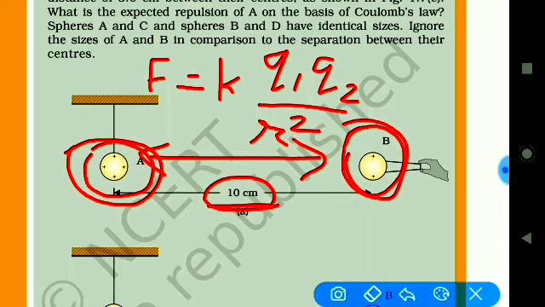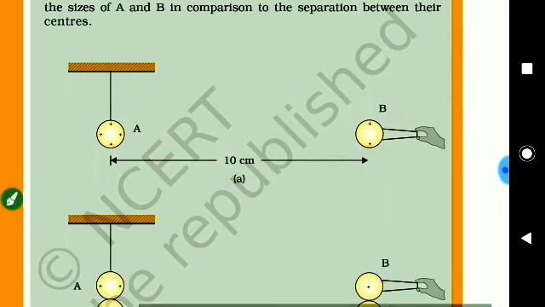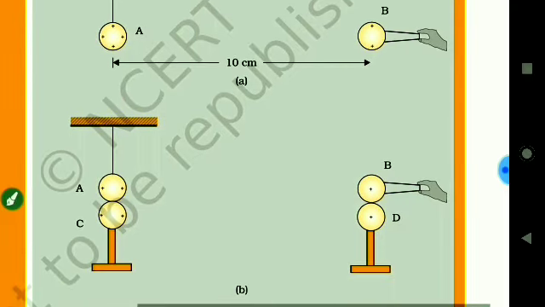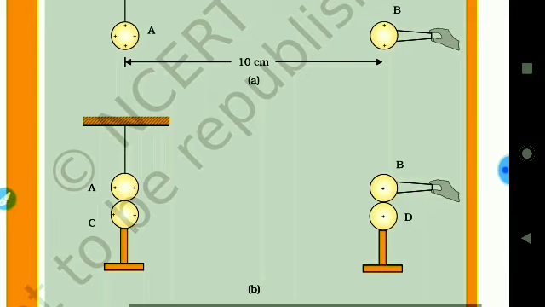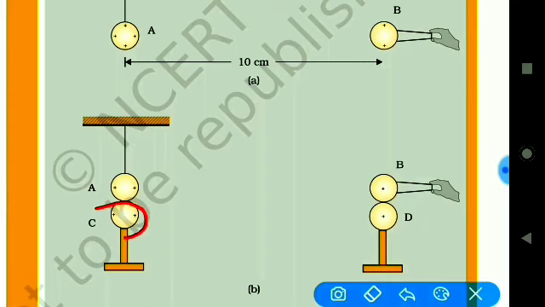Now the next process done is that an identical sphere C is brought in contact with sphere A. See here, this sphere C is brought in contact with A. Sphere C is identical to sphere A. In this case, what will happen?